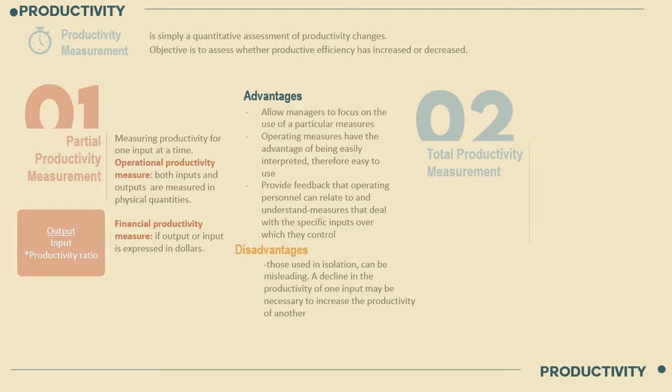And on to the second productivity measurement, which is total productivity measurement. Measuring productivity for all inputs at once. It requires the development of a multi-factor measurement approach, which is the use of aggregate productivity indices.